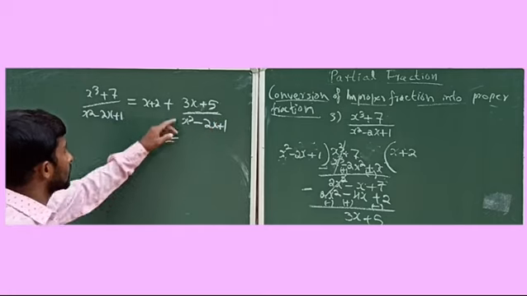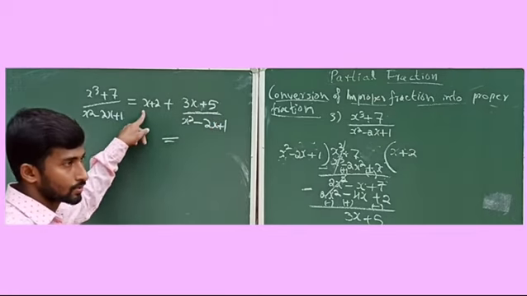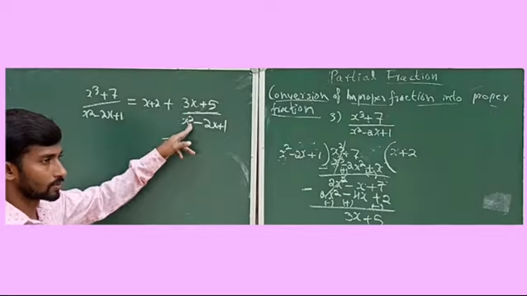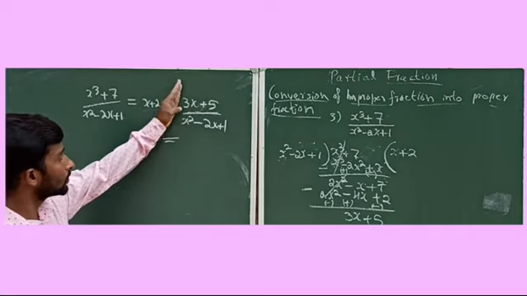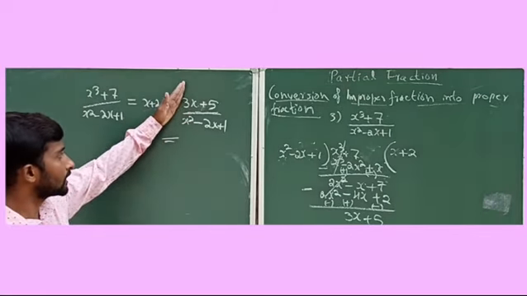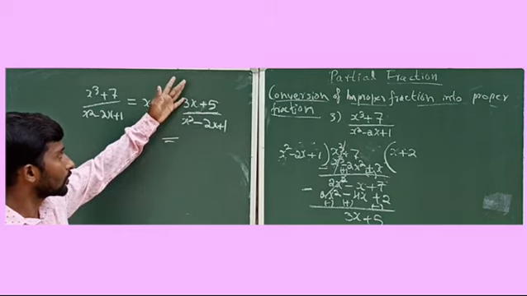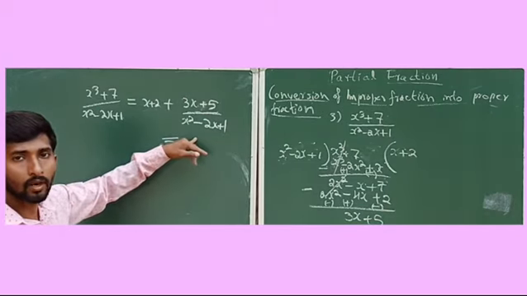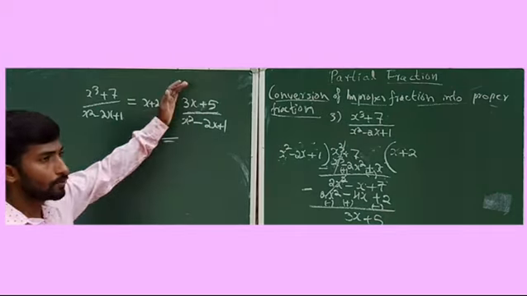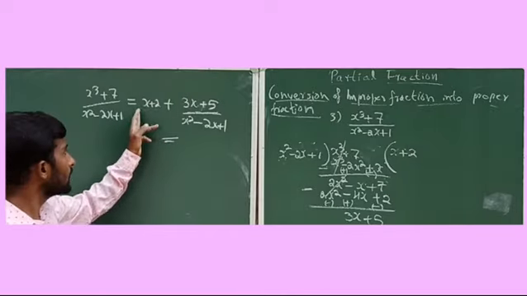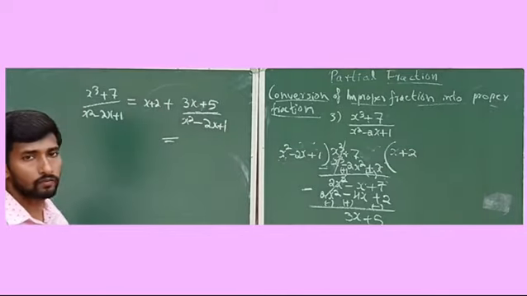Now see, here a polynomial function is there plus a rational function. Again observe the degree of the numerator 1, the degree of the denominator 2. The degree of the numerator is less than the degree of the denominator. Therefore, proper fraction. Totally, this is an example of a proper fraction.